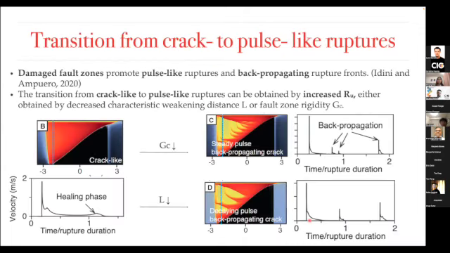So we picked the example of transition from crack-like to pulse-like rupture. Previous studies show that a highly damaged fault zone promotes pulse-like ruptures and back propagations. By definition, a crack-like rupture is the type of rupture behavior where the rupture just keeps going on and the slip keeps accumulating until it reaches the edge, and then it stops and generates this healing phase or stopping phase.